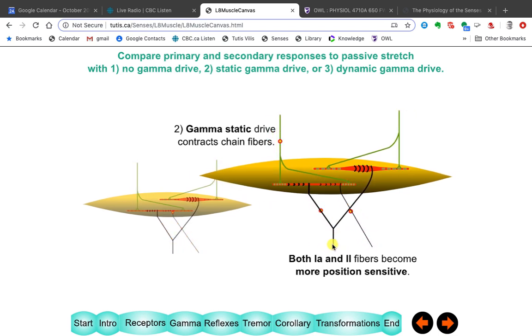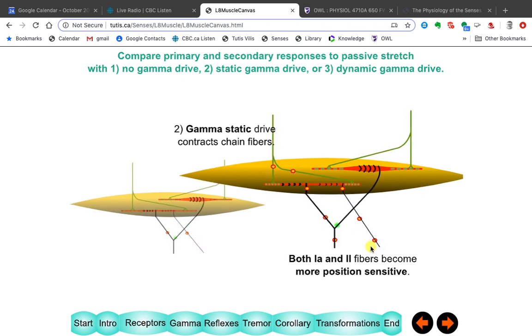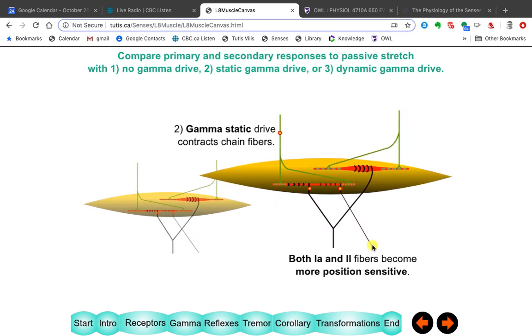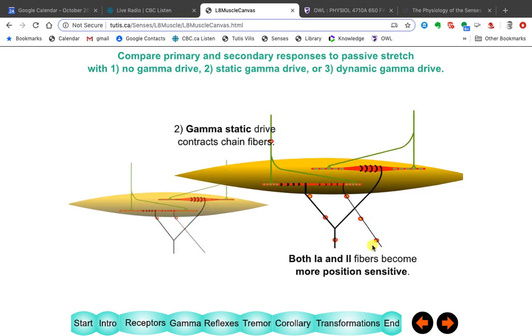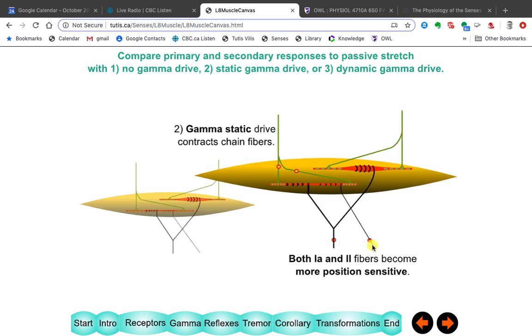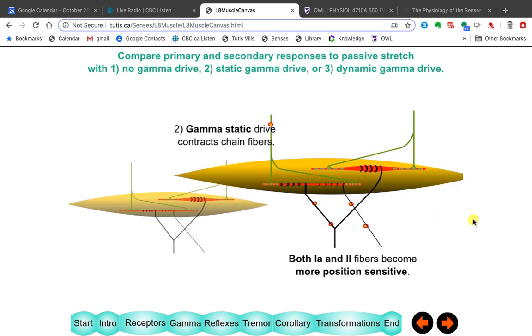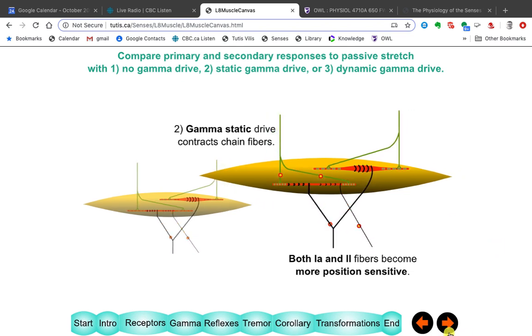So both the 1As and the secondaries or 2s increase their sensitivity to what the position or length of the fiber is, and therefore the position of where your hand is.